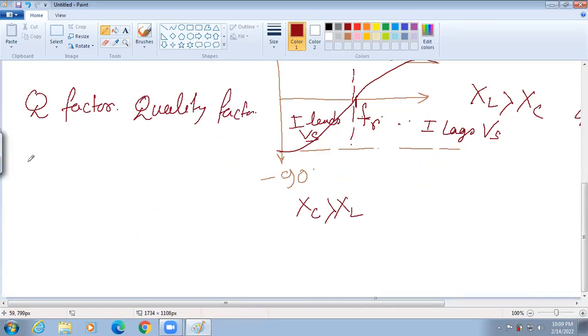It is defined as the ratio of the voltage across the inductor or the capacitor to the applied voltage. So the Q factor for inductance is VL by V, and the Q factor for the capacitor is VC by V.